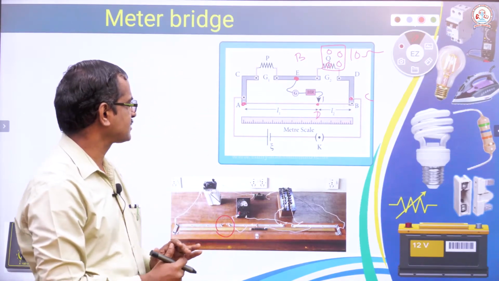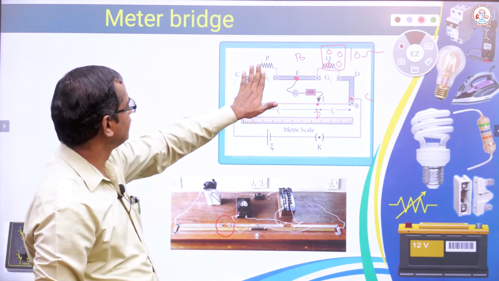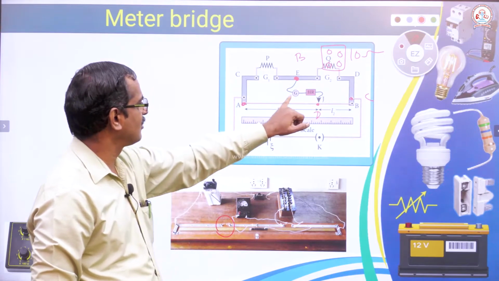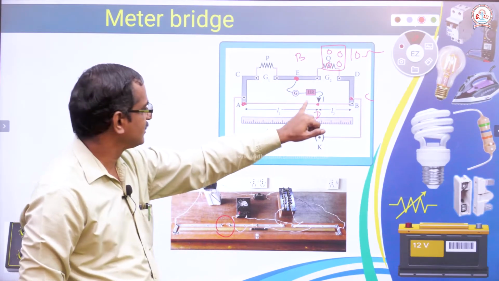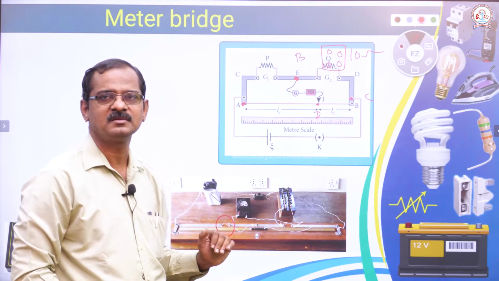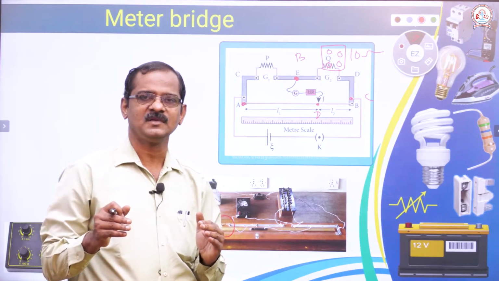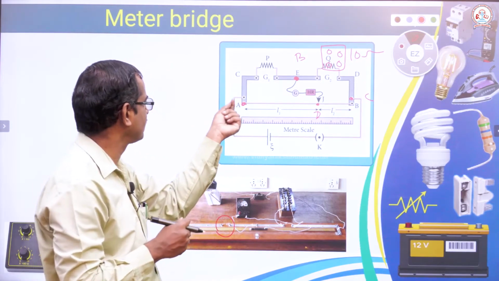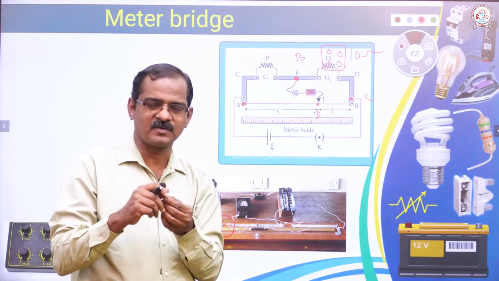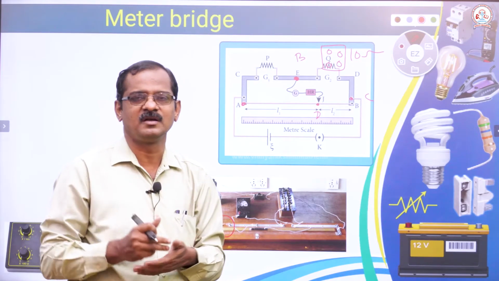When the circuit connection is made, you see the battery, key, and then the unknown resistor, then the known resistance, and then a galvanometer, and a high resistance and the jockey. Once all are connected, we have to check whether the circuit connection is correct, because we are screwing the wire. If somewhere there is a loose contact, then the circuit will not work properly.